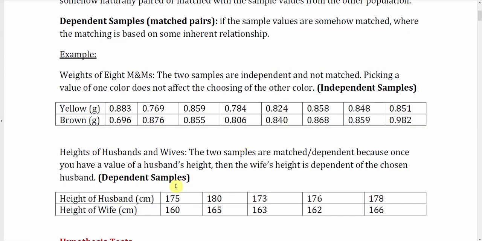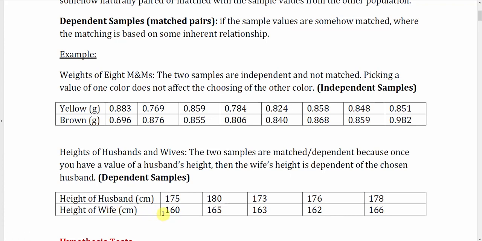Now consider these dependent samples, the heights of the husband and wife. The two samples are matched pairs, or dependent, because once I pick the value of the husband's height, I must pick his wife to get the height, because we collect the data for the husband and the wife. If I collect the first data for one husband, then the next data for the wife, it has to be his wife.